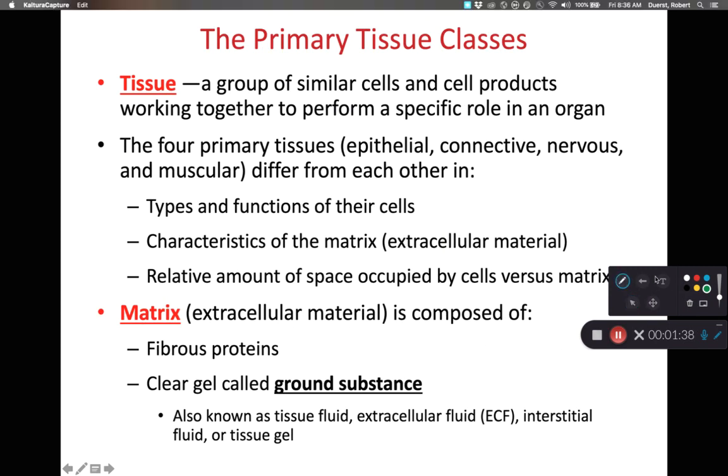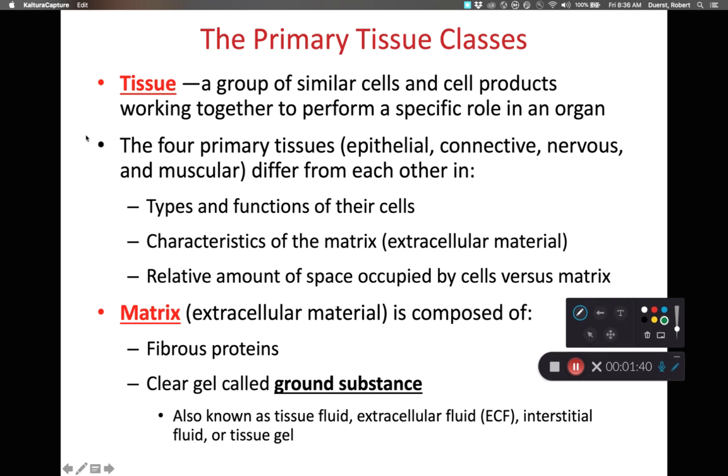As we look at the tissues in our bodies, our tissues have 2 big components. There is the living component, and that'll be the cell. And then there's the cell products, which are oftentimes referred to as the matrix. These cell products are usually going to be extracellular.